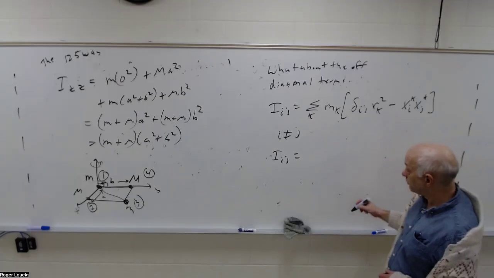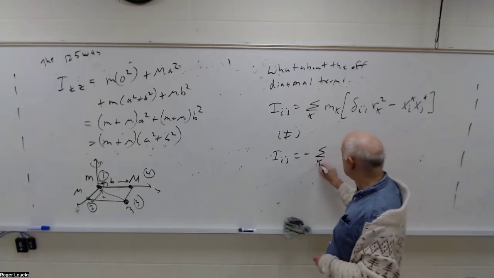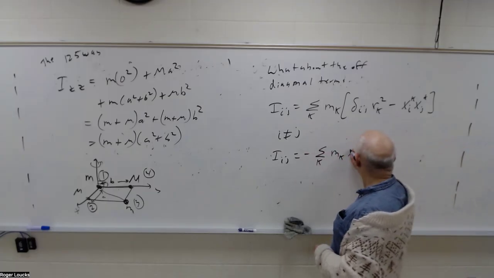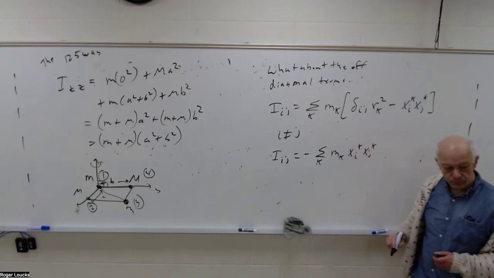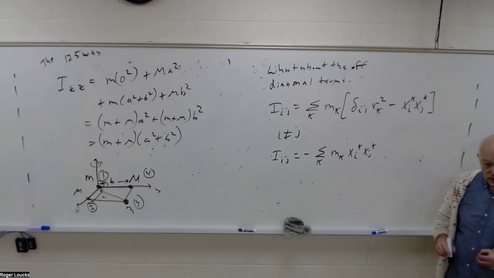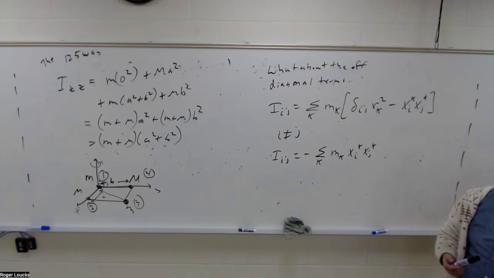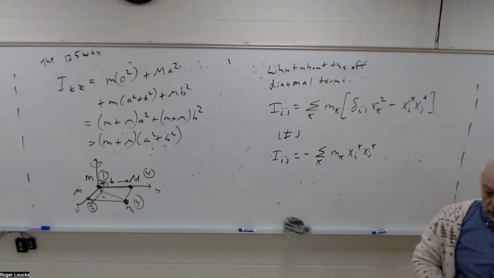So this is minus, so I'm giving this minus the sum over k of Mk xik xjk. That makes sense? Now, in this matrix here, which term can we now collect? We don't even have to bother with them. I'm thinking about this problem here. Which of the off diagonal terms do we have to worry about? And which can we immediately write 0?